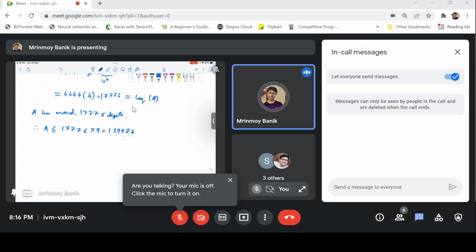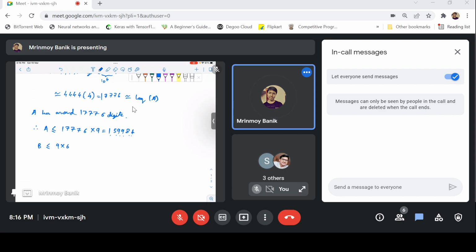So A has only 6 digits. So B is less than or equal to 9 times 6. B is the digit sum of A, that's just 54. So B is something less than or equal to 54, and we just need to find the digit sum of B.